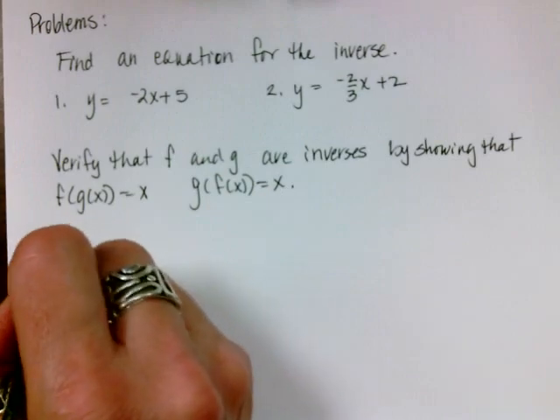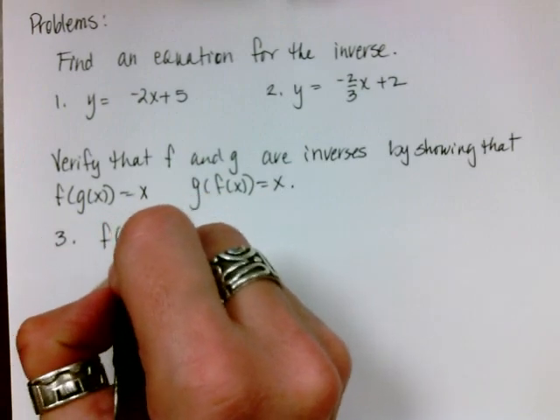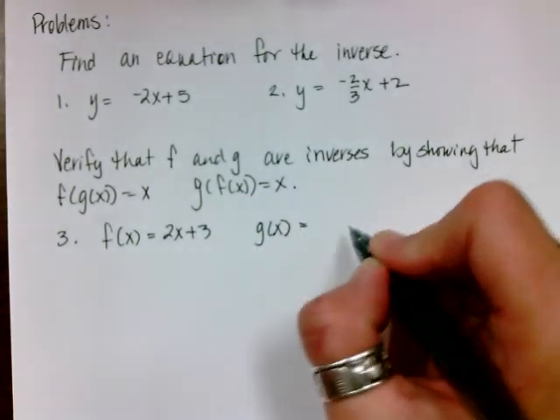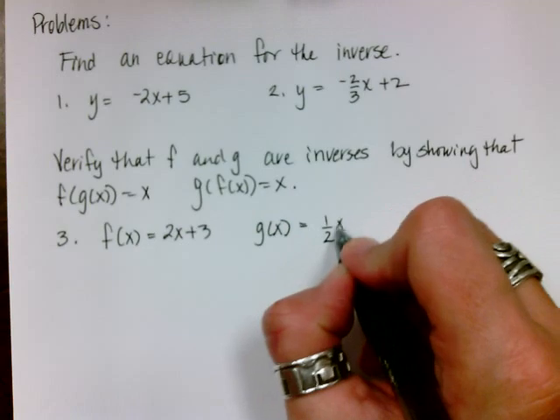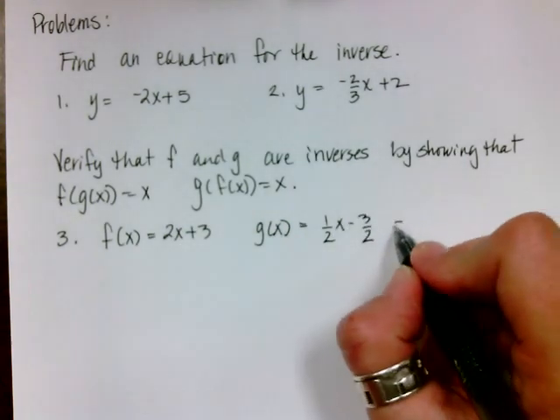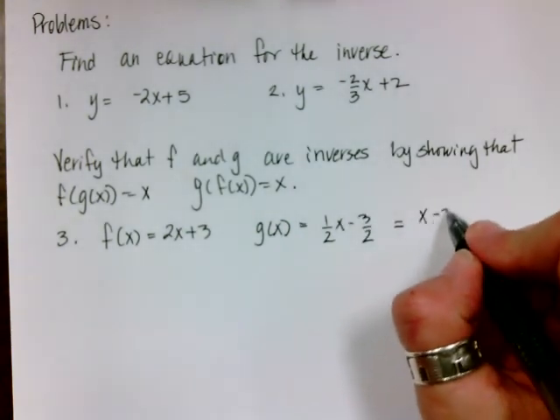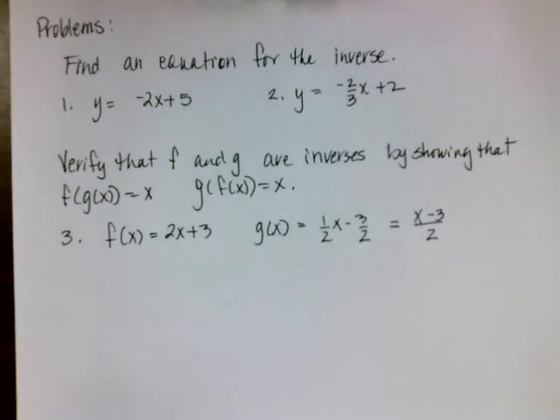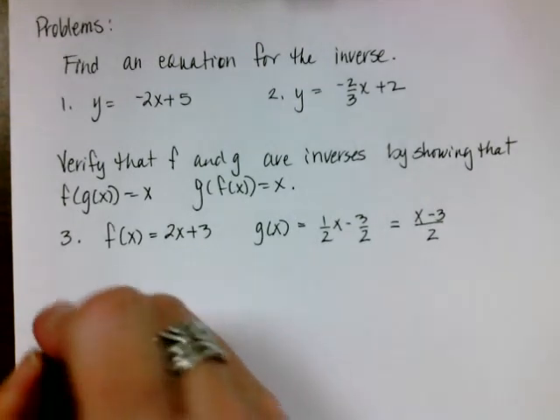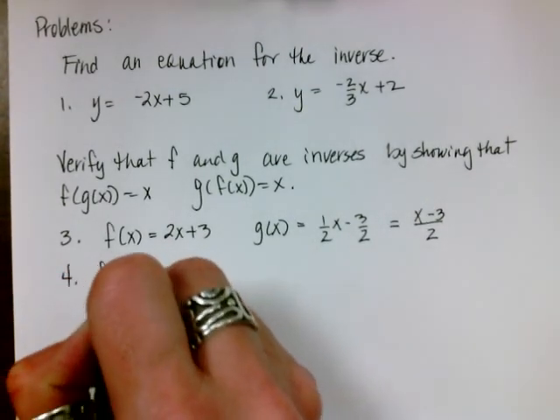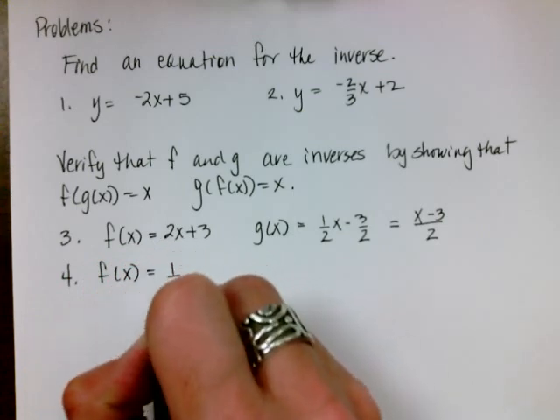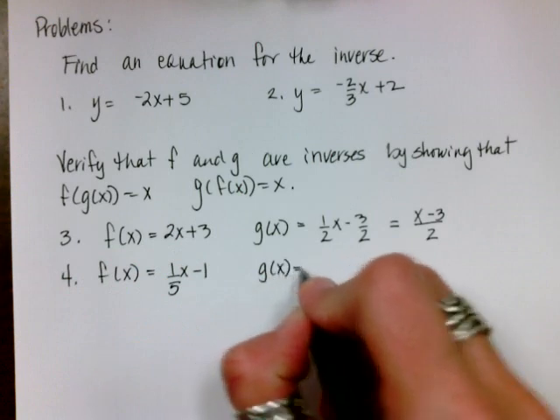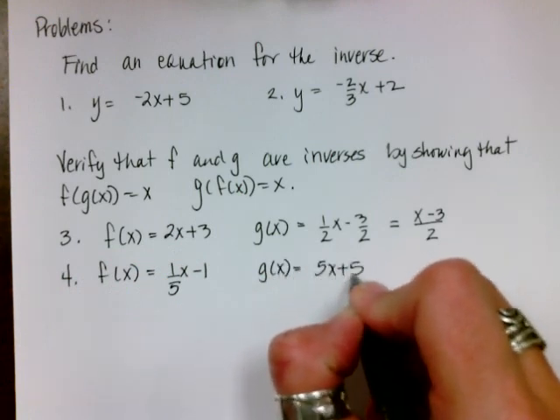So problem number 3, f of x is going to equal 2x plus 3, and g of x is going to equal 1/2 x minus 3/2. I'm going to rewrite that for you because it's so much easier to do like that. All right, then number 4, f of x is going to equal 1/5 x minus 1, and g of x is going to equal 5x plus 5.